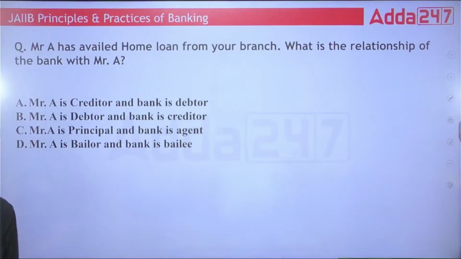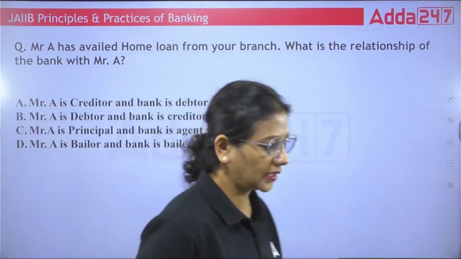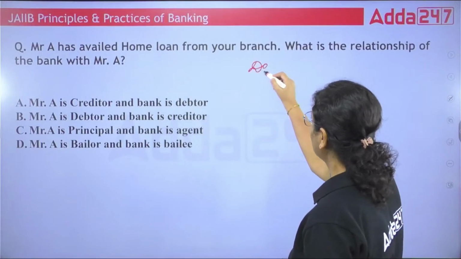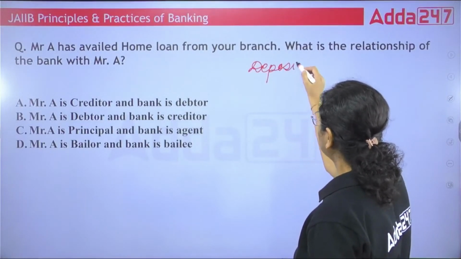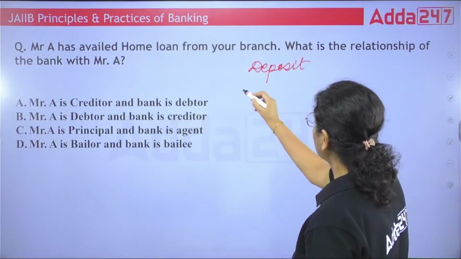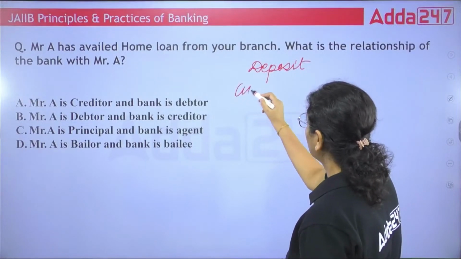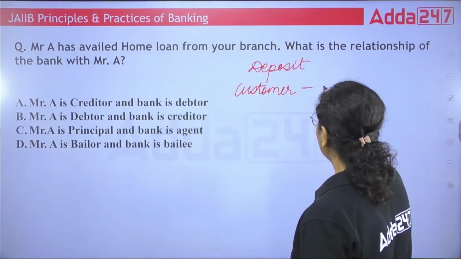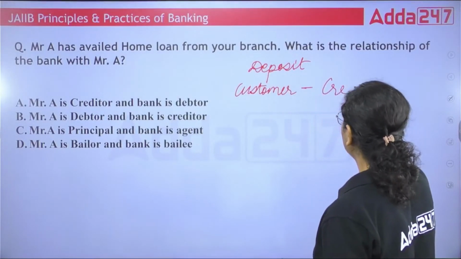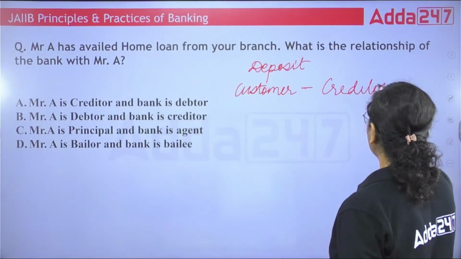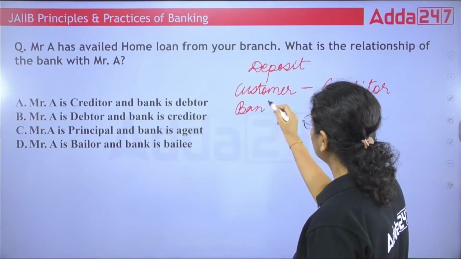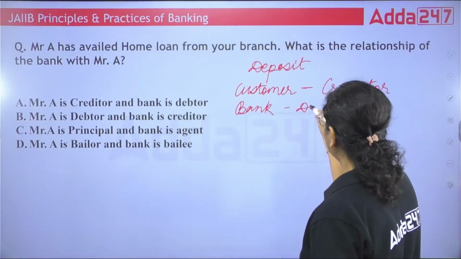So what will be the relationship of the banker when there is a home loan? As we have seen, in case of deposit, the customer is creditor and the bank is debtor.